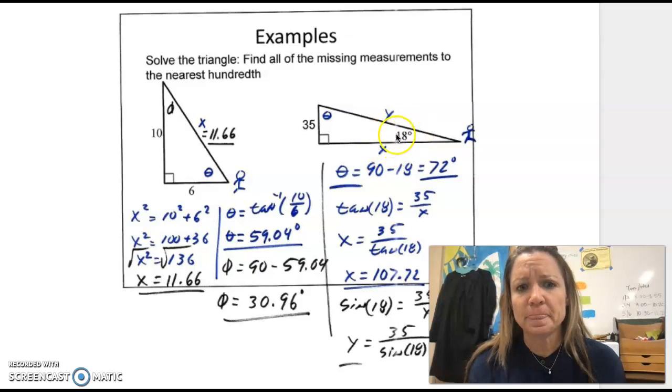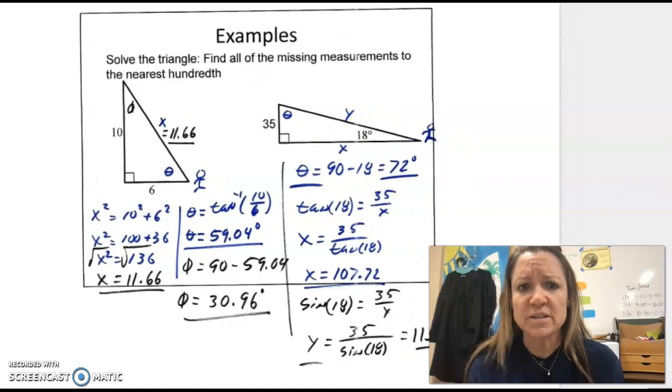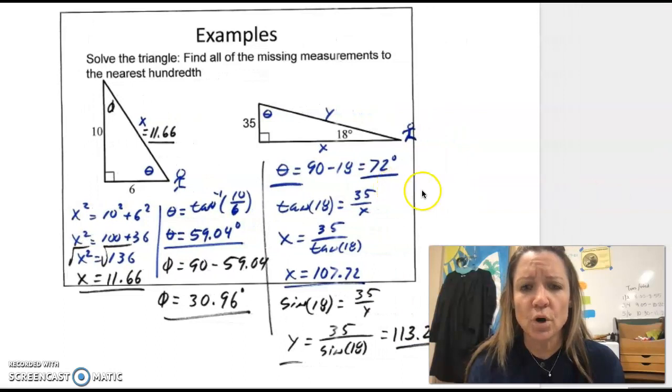So from the 18, 35 is the opposite, and x is the adjacent. So we're going to use the tangent. So the tangent of the angle measure 18 is going to be the opposite, which is 35, over the adjacent, which is x.